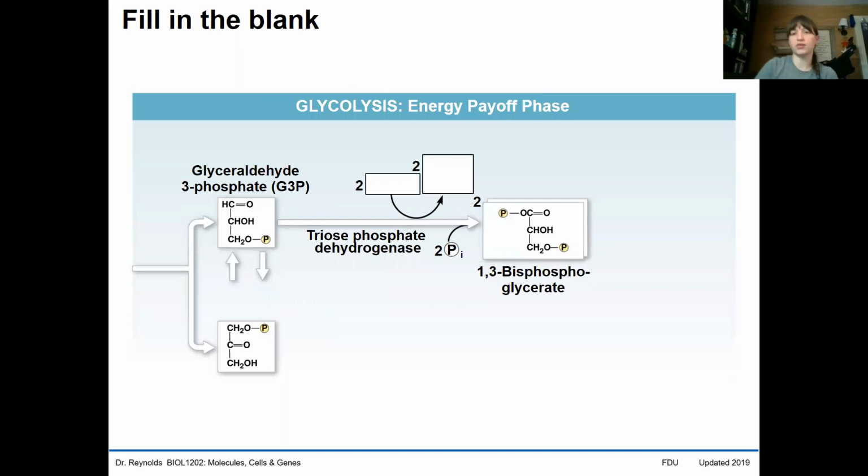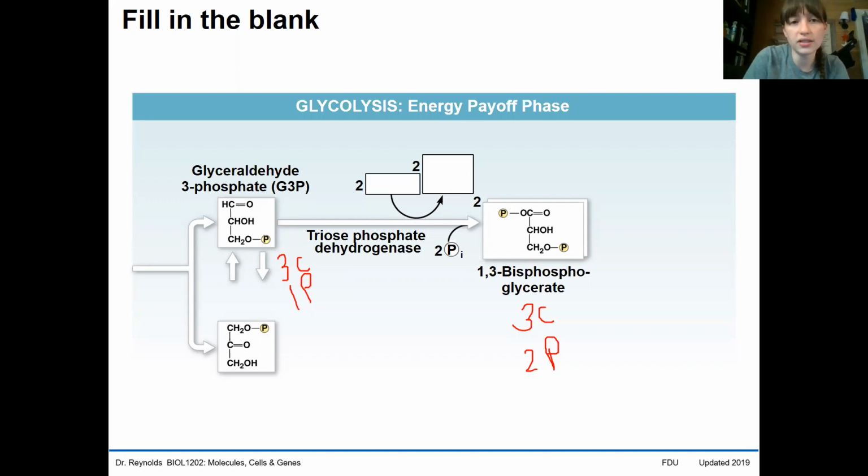Now, in this particular model, we're going from a 3-carbon, 1-phosphate to a 3-carbon, 2-phosphate. So your first instinct might be to simply place an ATP to an ADP here. But we know that this is the payoff phase. We have a dehydrogenase and 2 phosphates which are being added into the system.